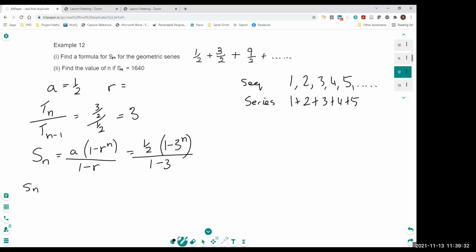So S of n is equal to 1 minus 3 to the power of n all over minus 4, which is equal to 3 to the power of n minus 1 all over 4. So that's your formula for S of n.